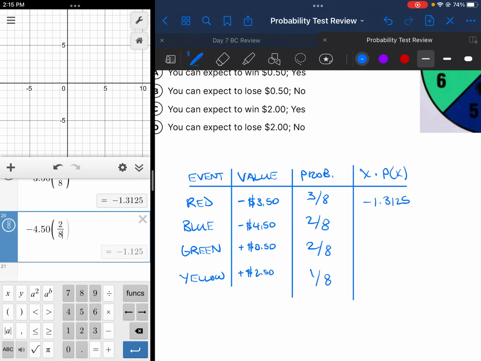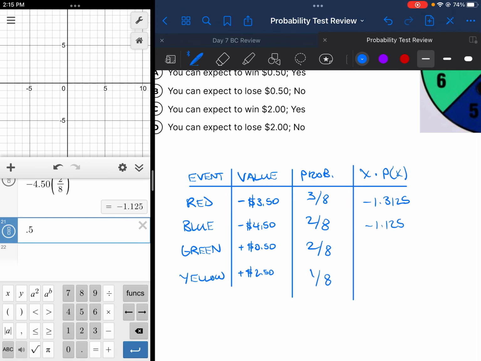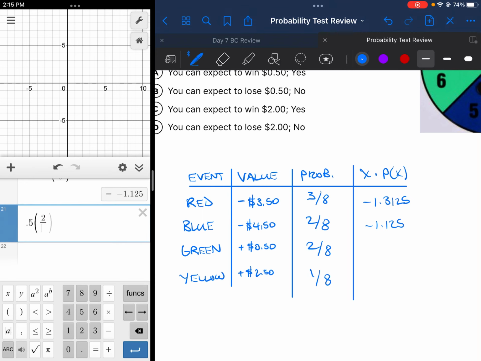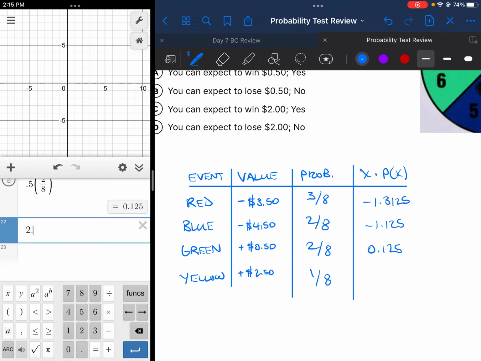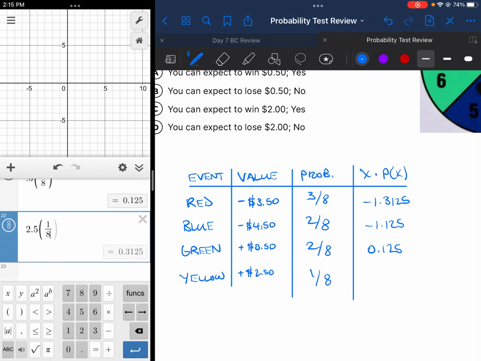Not 2 divided by 8. Negative 1.125. Positive 50 cents times 2 out of 8, 0.125. And then finally, $2.50 times 1/8, 0.3125.